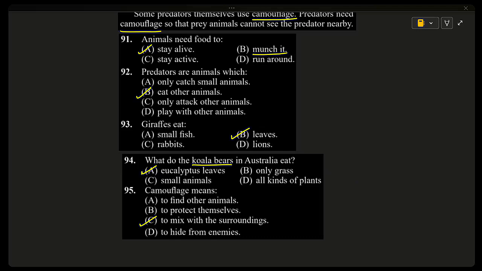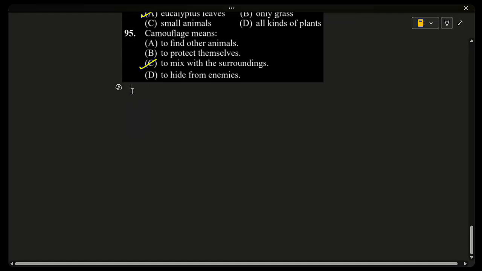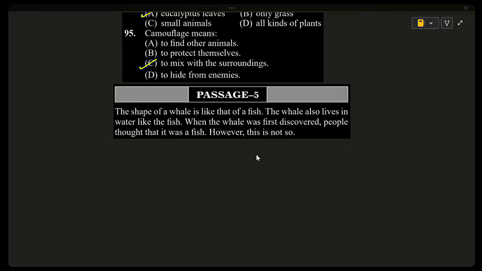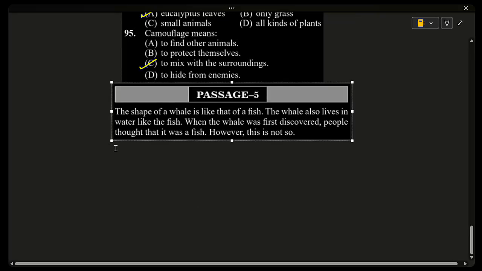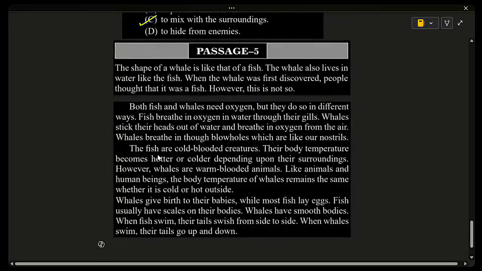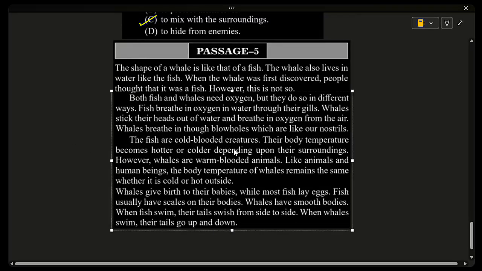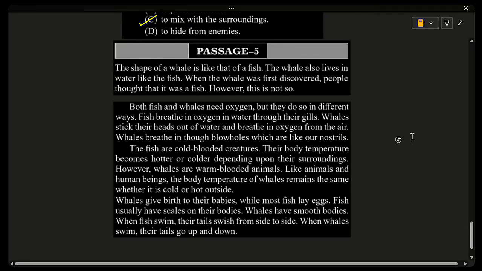Okay, going to the last passage of this paper, passage number 5.